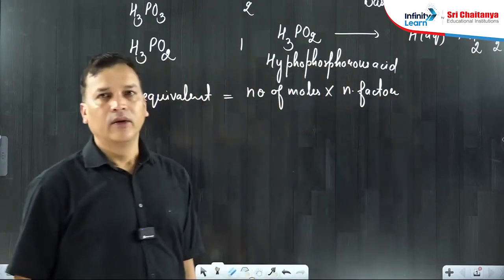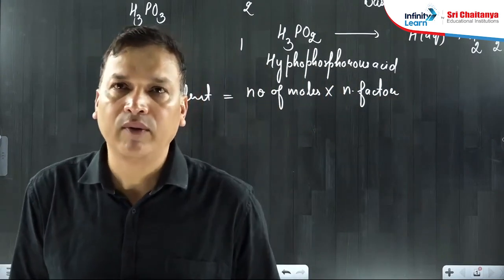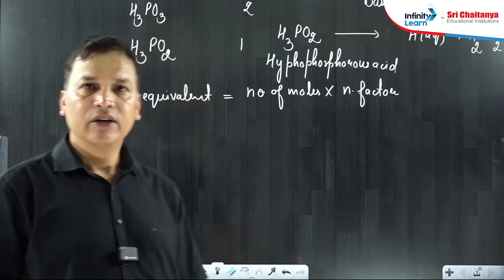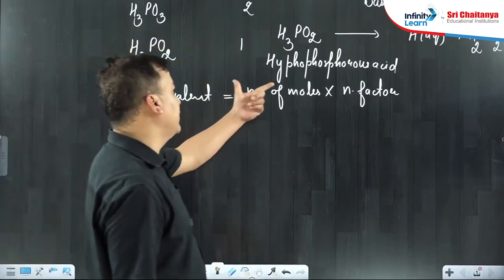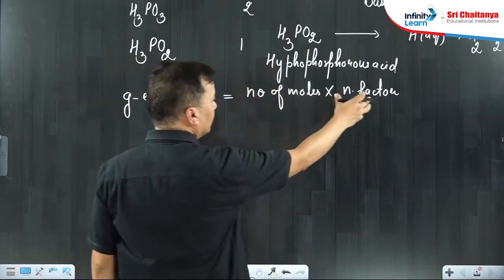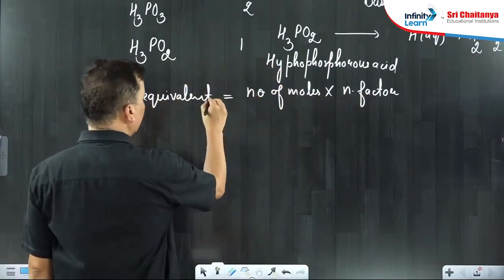In normality, what do we have to find out? The number of gram equivalents dissolved per liter of the solution. So how can this gram equivalent be calculated? By multiplying the number of moles with the N factor. You got it or not?